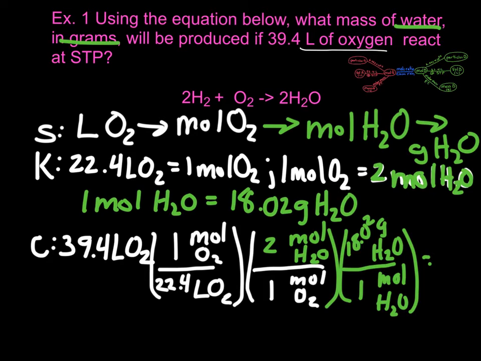And we get 63. The calculator answer is 63.39, but we can only keep 3 sig figs, so we round to 63.4 grams of water. This is how we use all the possible islands on our stoichiometry map.